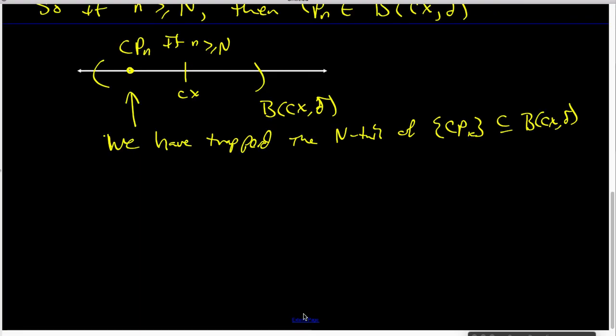And that lets me conclude that the sequence of C times Pn does indeed go to Cx as needed.